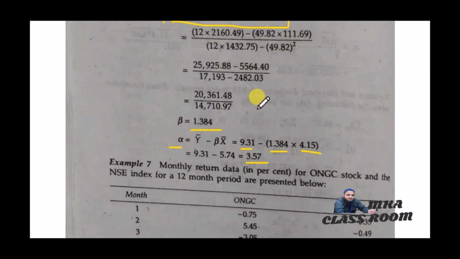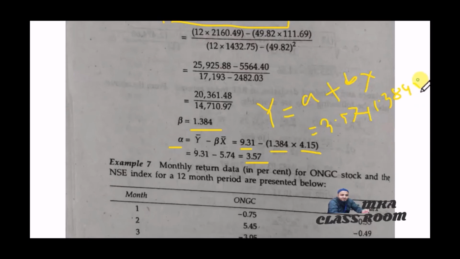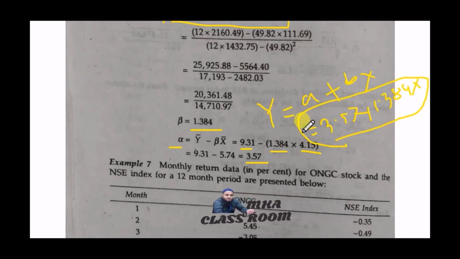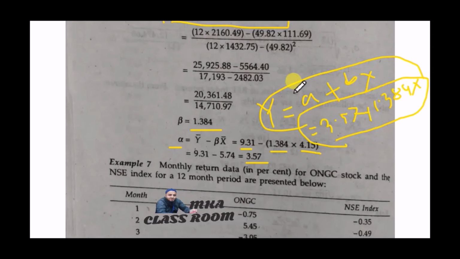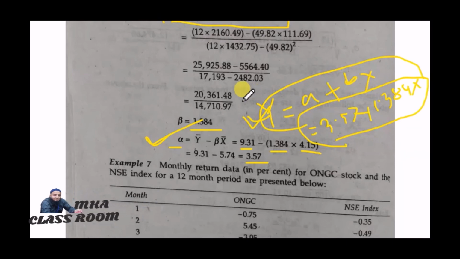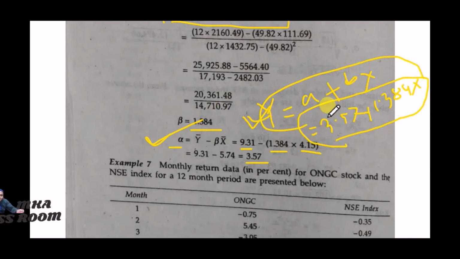Then you have to draw the regression equation. Y equal to a plus bx, alpha equal to 3.57 plus beta equal to 1.384 x. This is our regression equation. So you have to calculate and write down these 2 extra points if you do the regression method, because this is the regression equation, you have to show the value.